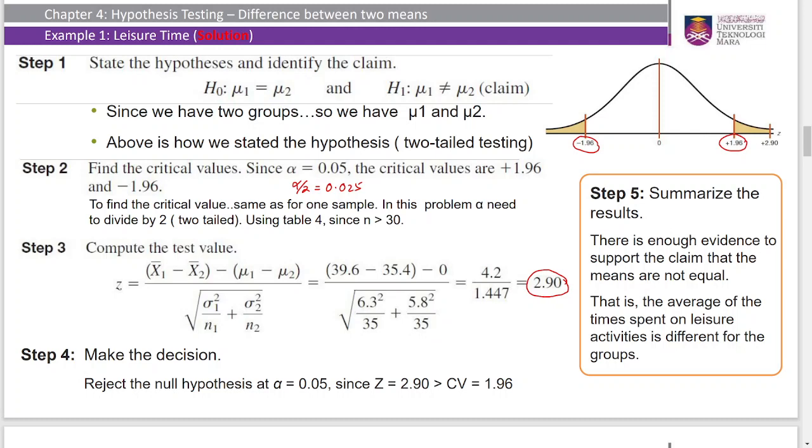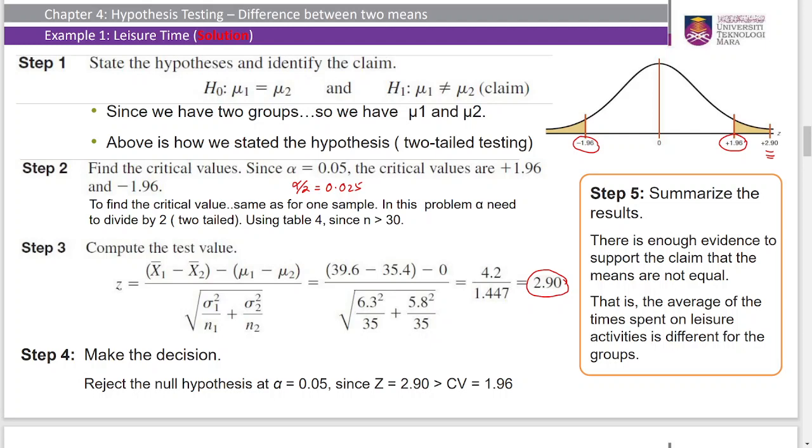In this case, you locate the test statistic to be plus 2.9. This is on the right side of plus 1.96, and plus 2.9 is in the rejection region.